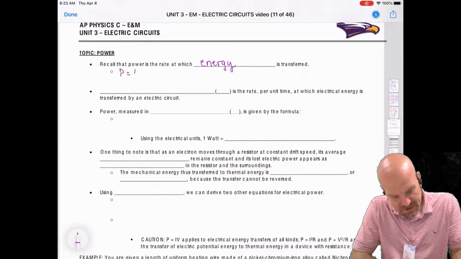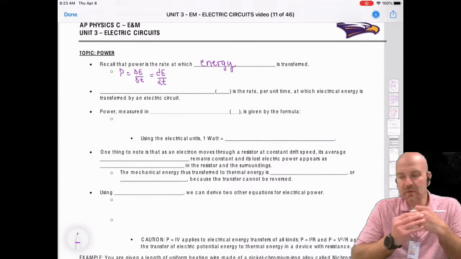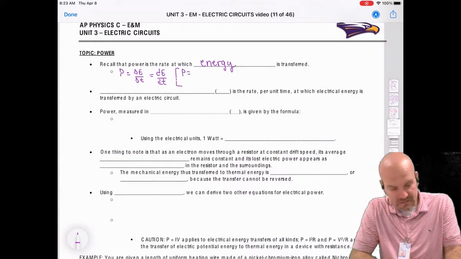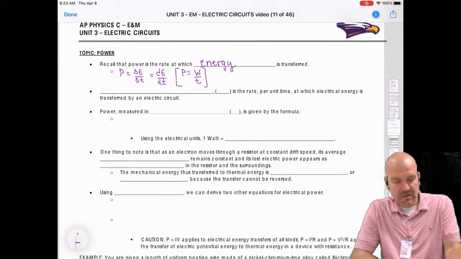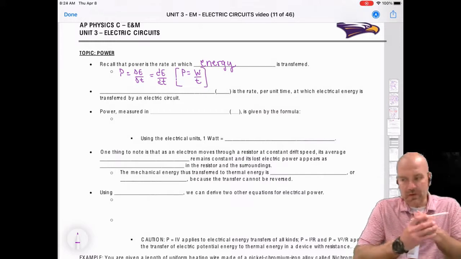So we can just say power equals the change in energy over the change in time. You can also write it as a derivative: power is dE/dt. In the WEP unit we did power equals work over time. So just remember, power is something over time.